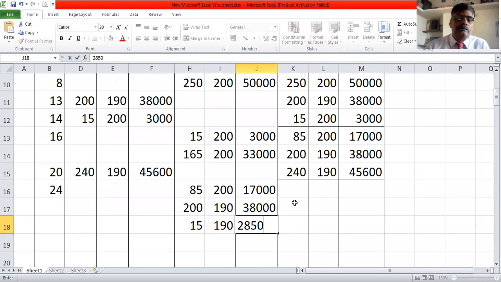Then next you write the balance. First lot completed, second lot completed. Out of 240, 15 units issued. Remaining is, I think, 225 units. 225 at the rate of 190.